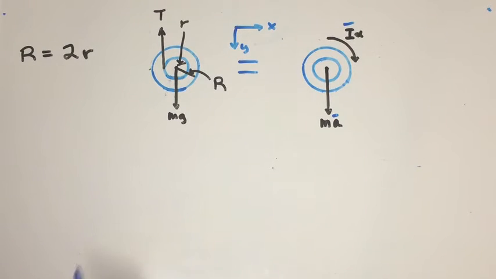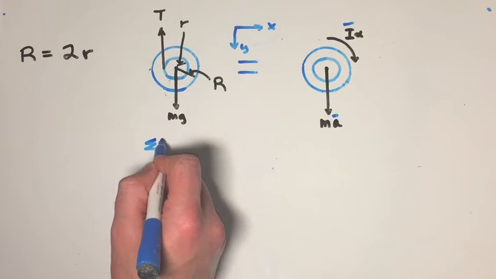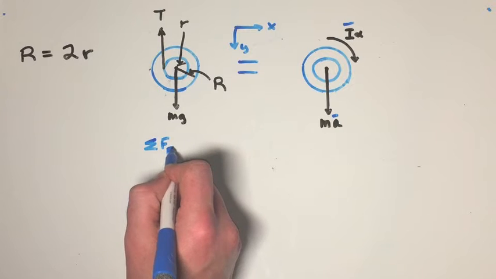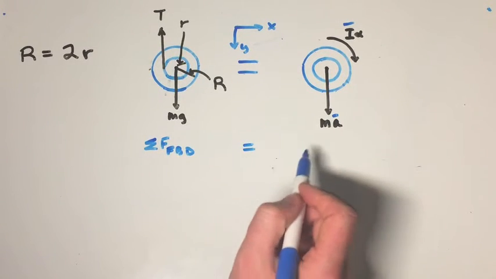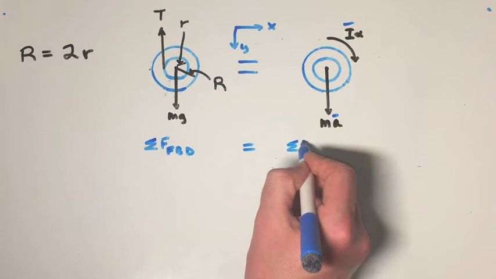So the first thing we're going to do is sum the forces that are detailed in the free body diagram and set them equal to the forces in the mass acceleration diagram.